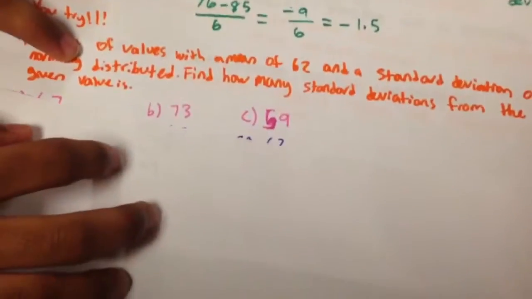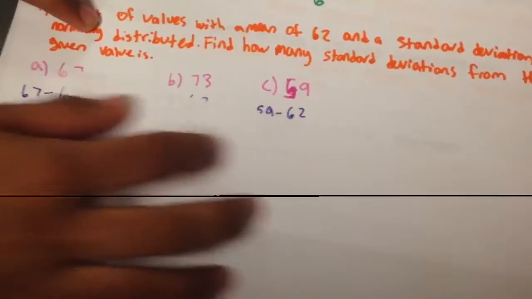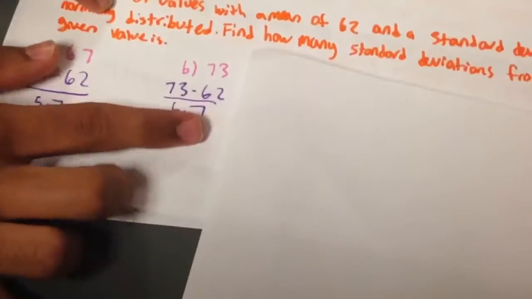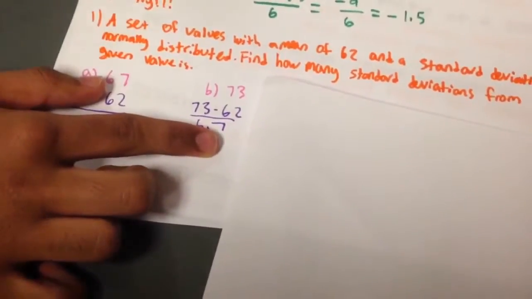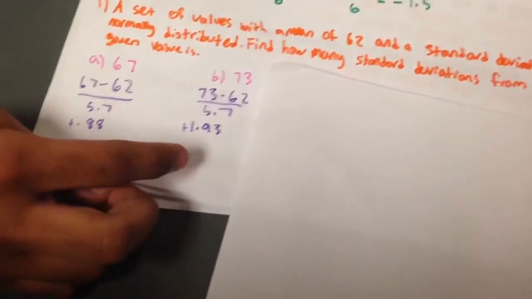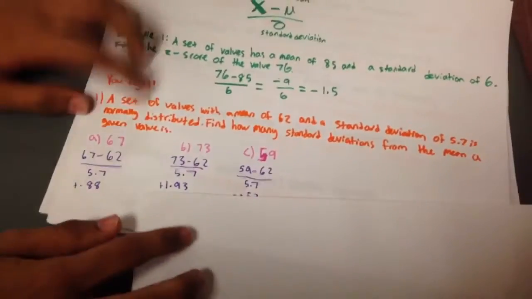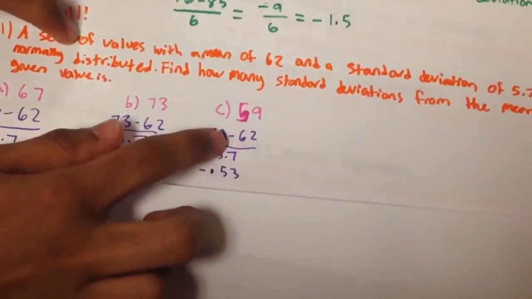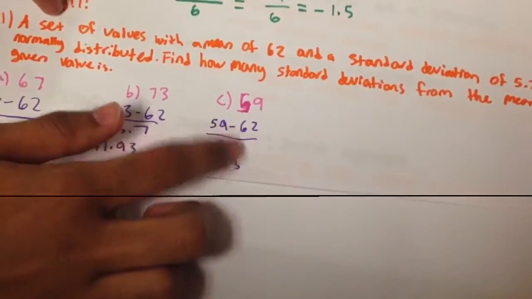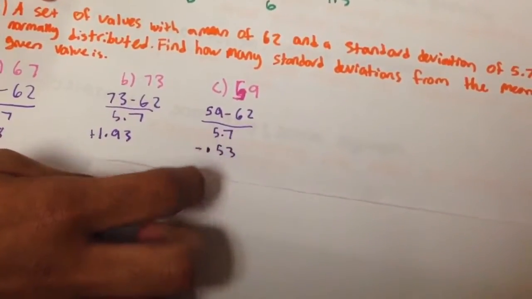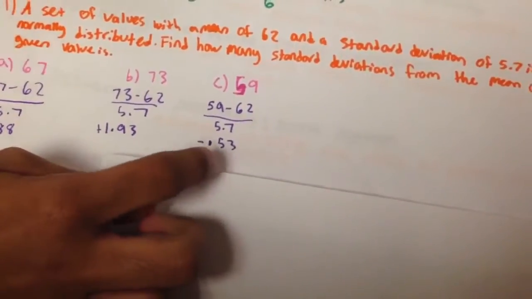The next one is 73, so we do 73 minus 62 over the standard deviation, and we get a positive 1.93. And then for the last one, we have the value of 59, so we do 59 minus 62 over 5.7, and we get a negative 0.53.